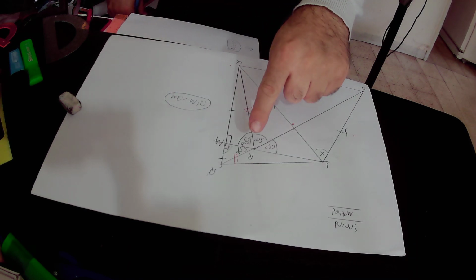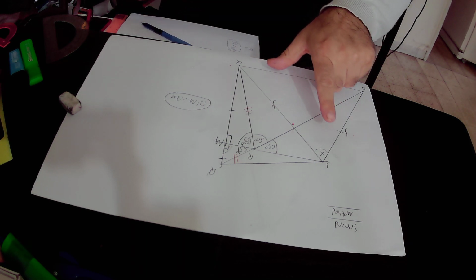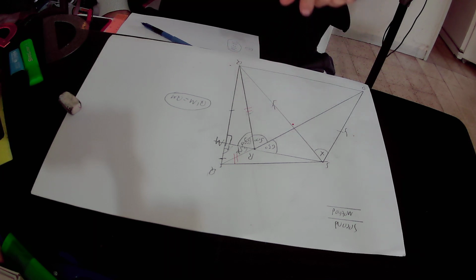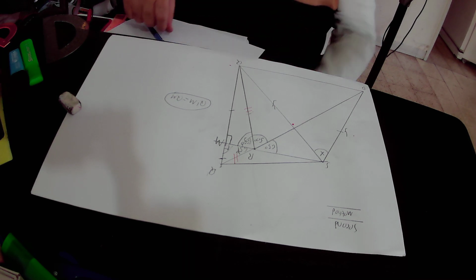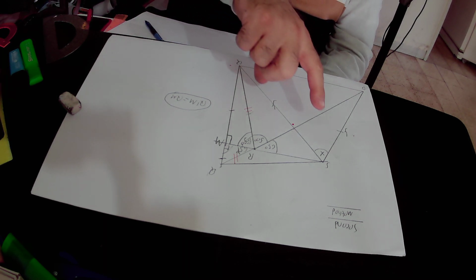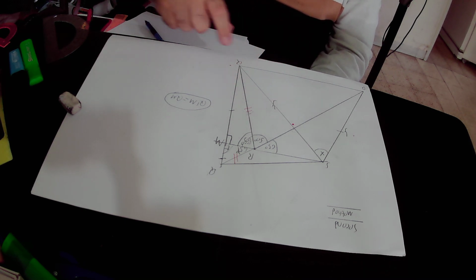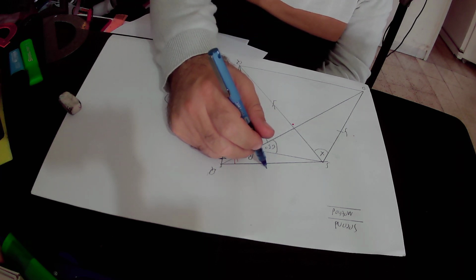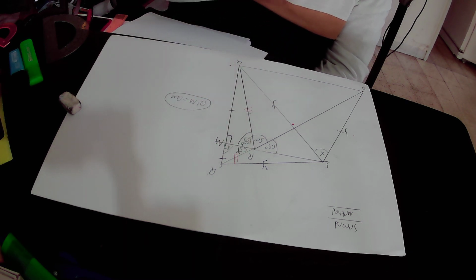Those two big triangles are congruent, therefore the two corresponding sides, that is to say SQ and SQ dash, will be equal to each other. So we found out that SQ equals SQ dash. So if SQ equals Y, then SQ dash will also equal Y.